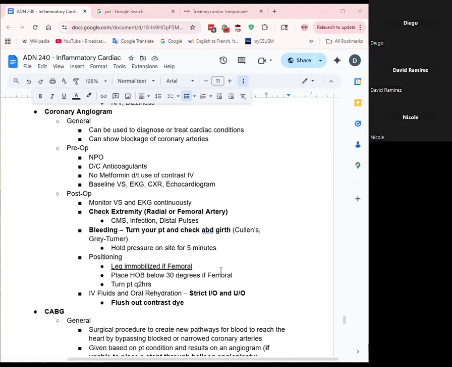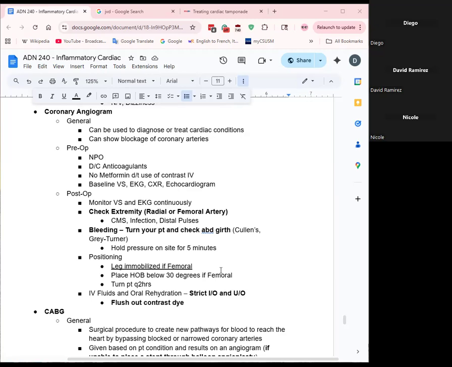Some of your pre-op is standard: nothing by mouth, no anticoagulants, no metformin for I think it's 48 hours, because they're getting IV contrast, and metformin with IV contrast is not a good idea. It leads to lactic acidosis, because of the way metformin impacts the kidneys, which can also make it harder for the contrast to clear.